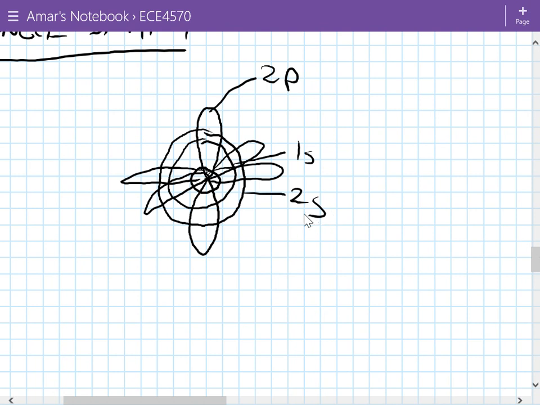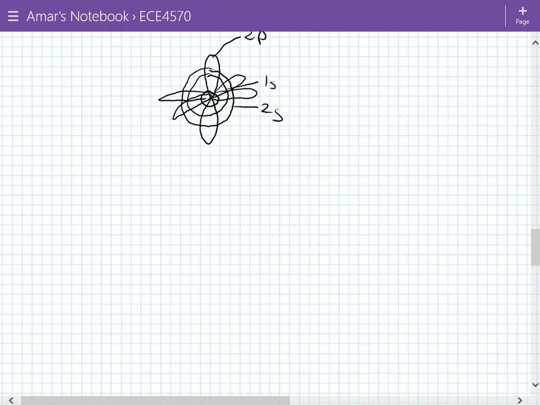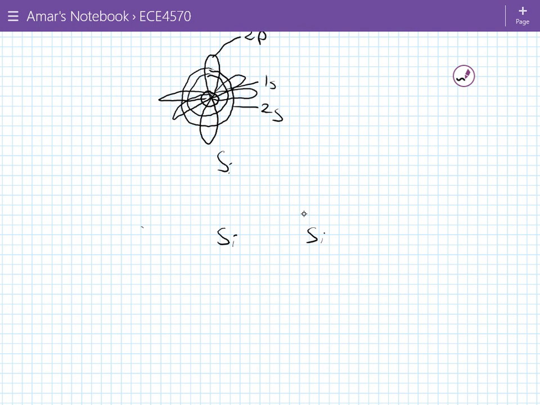Now, in the case of a silicon atom that's bonded with other silicon atoms around it, we talked about the fact that these electrons form covalent bonds with the other electrons around it.